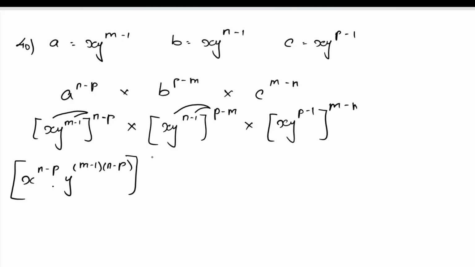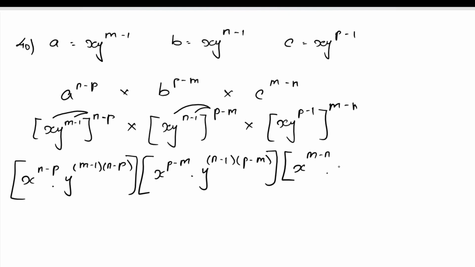Multiplying this will get x to the power p minus m into y to the power n minus 1 into p minus m. And doing the same thing here, I'll get x to the power m minus n into y to the power p minus 1 into m minus n.